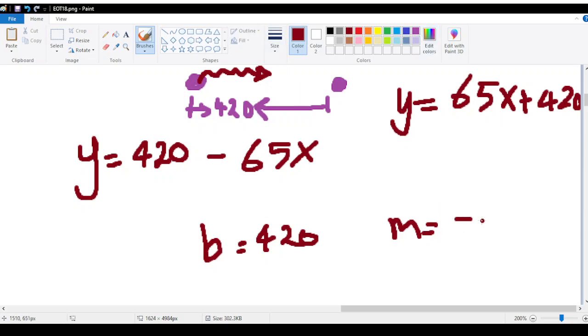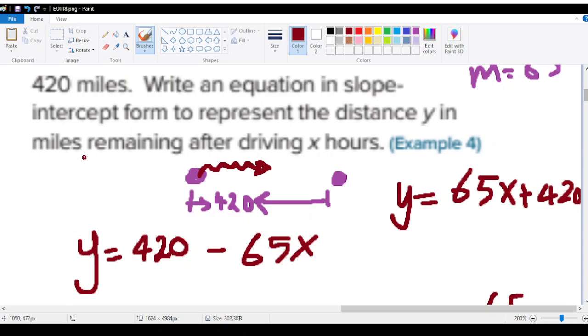Minus 65. Minus 65, correct. And there's another important word, Shamsa. Can you read this word? Remaining. Remaining means what's left. So that's why we are subtracting. Understood? Okay.